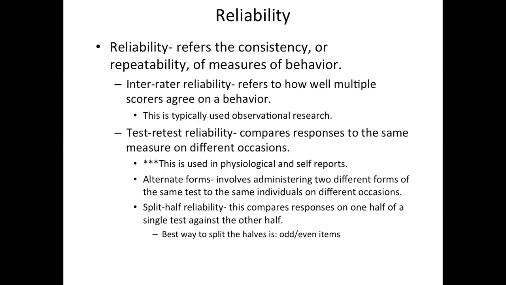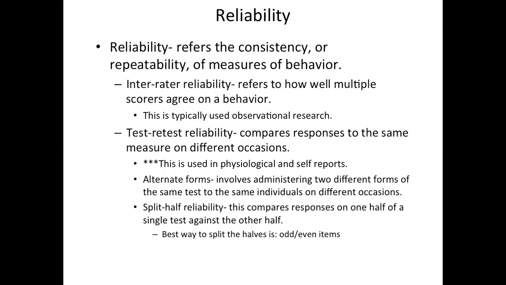So test-retest reliability, I'm giving the same person the same test at 2 or more points in time. Now, obviously, we have the problem that we talked about in the earlier video of practice effects. When you give the same test to the same people at 2 or more points in times, the questions are going to be identical.